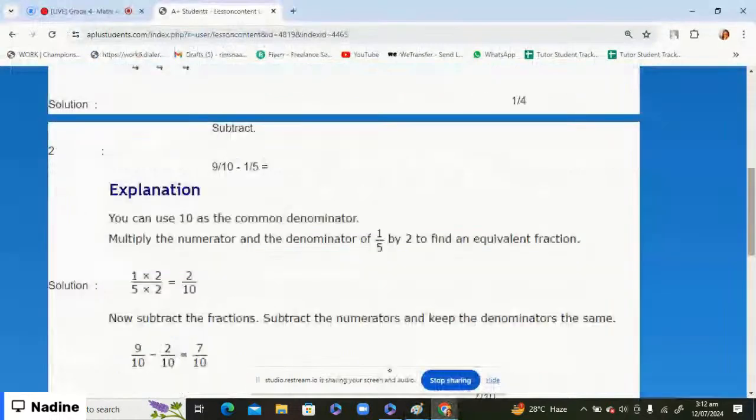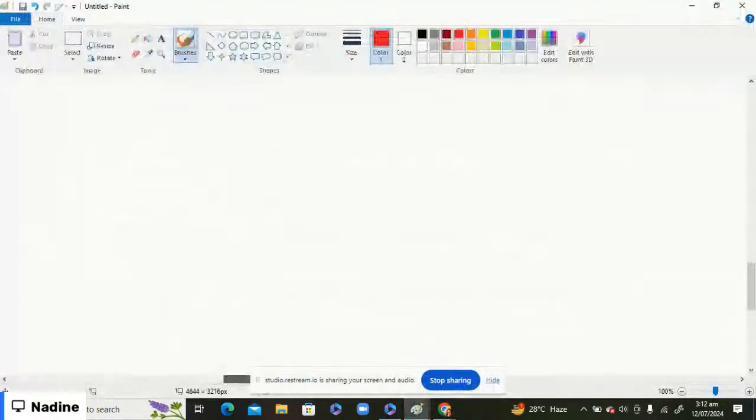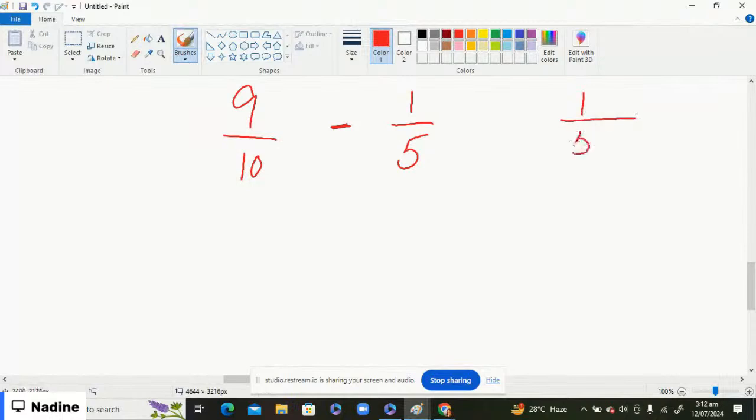9 by 10 minus 1 by 5. So 9 by 10 minus 1 by 5. What do we do here? We are going to take 1 by 5, just multiplying and dividing with the number, that is 2. Why? Because 5 times 2 is 10.